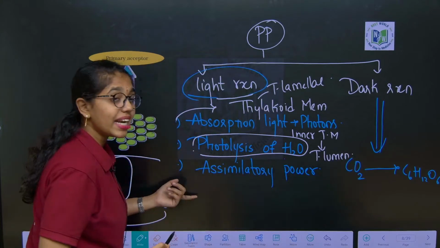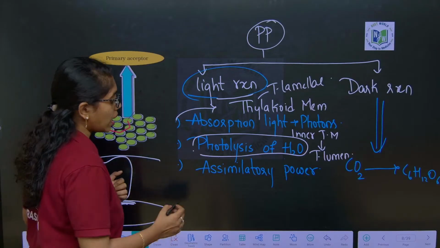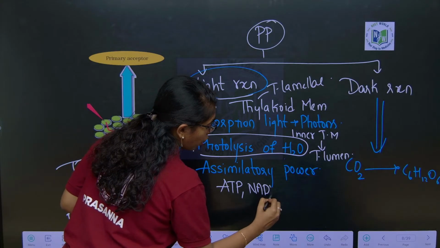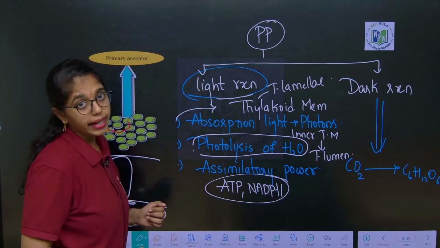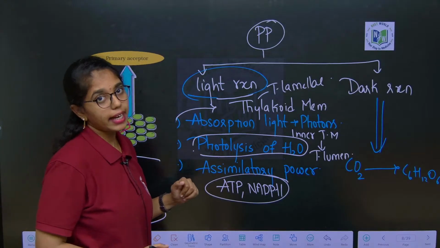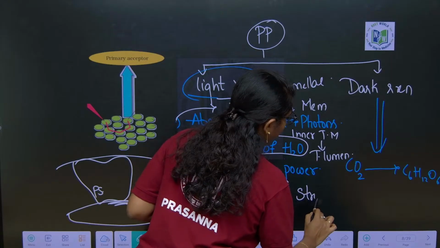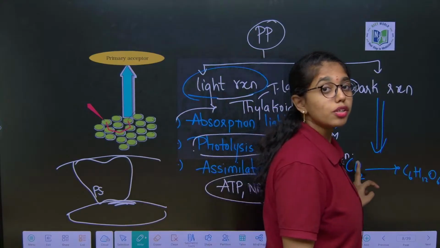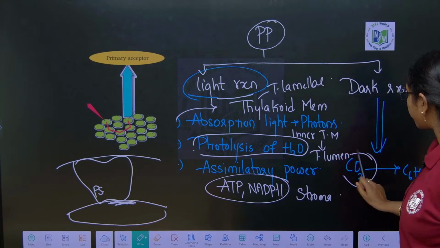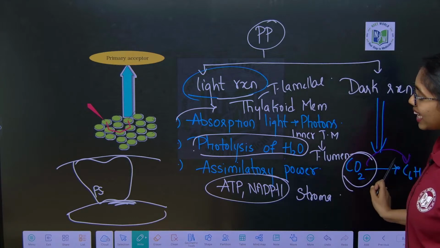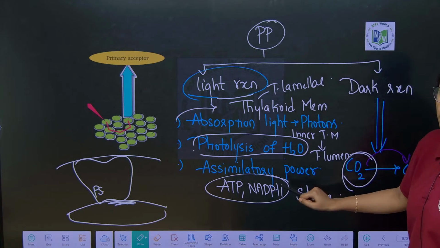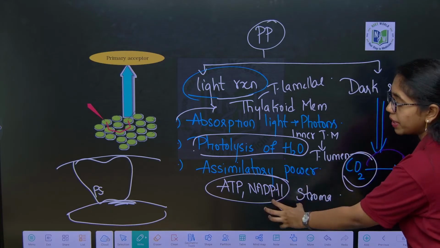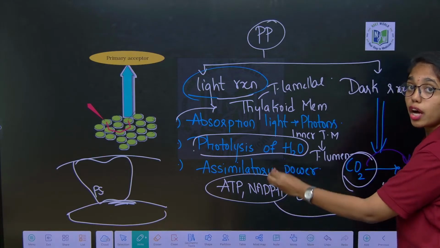Next, formation of assimilatory power is nothing but formation of ATP and NADPH. The formation of ATP and NADPH happens in the stroma. Now, carbon dioxide fixation, that is carbon dioxide reduced to glucose, requires the assimilatory power which is formed at the end of the light reaction.